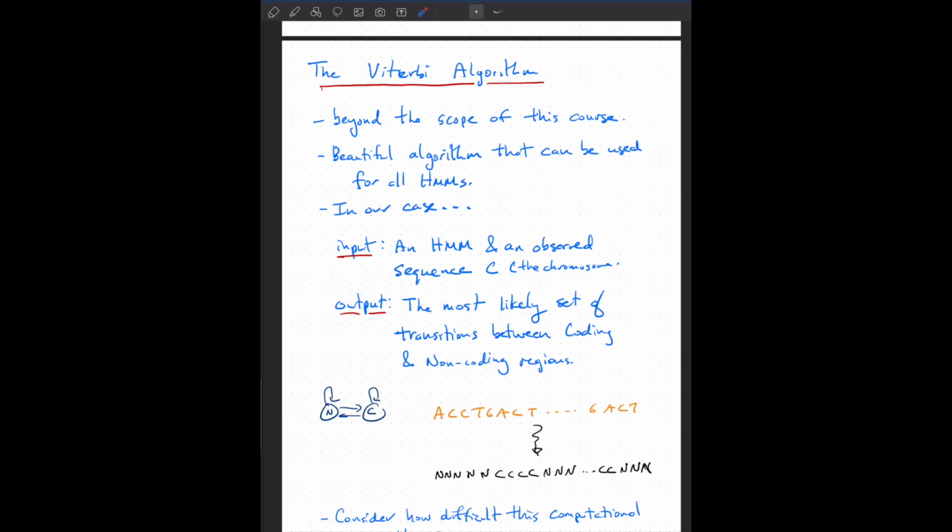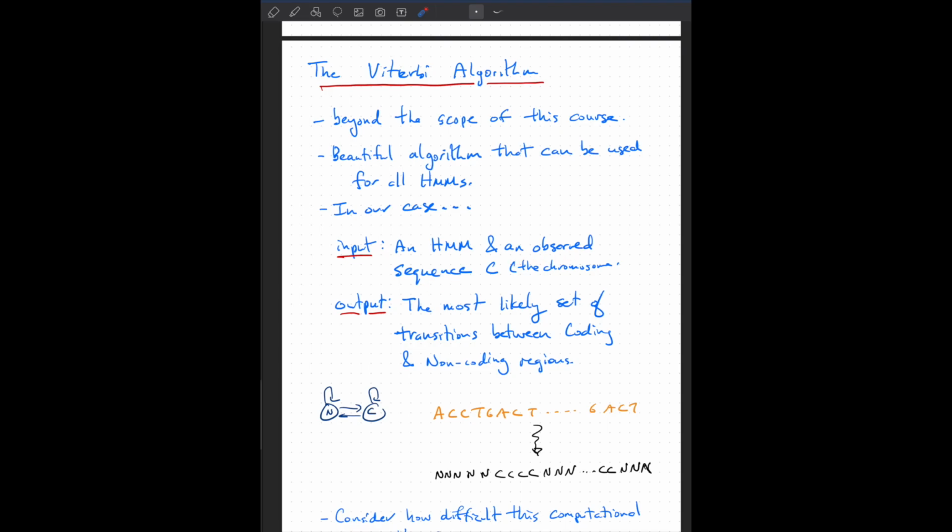But we can still understand the intuition of it pretty easily. So our input is going to be our HMM. The Viterbi algorithm is quite general. It can be used in lots of contexts for any hidden Markov model, but I'll explain it in the context of gene finding here. Our input is the hidden Markov model that we just looked at, and an observed sequence.